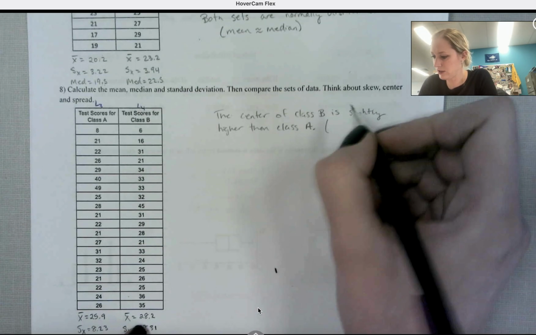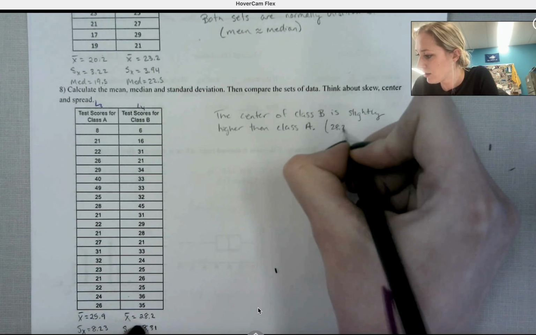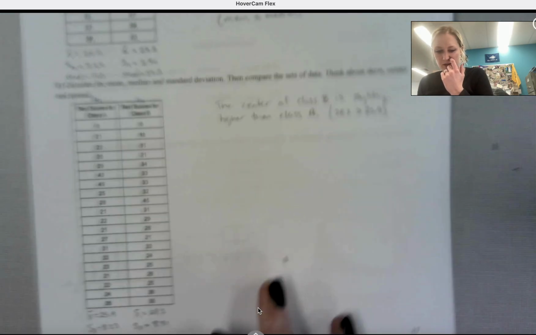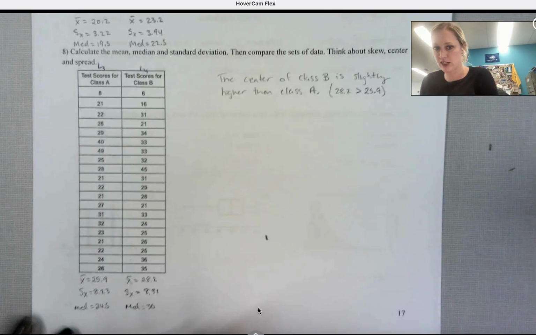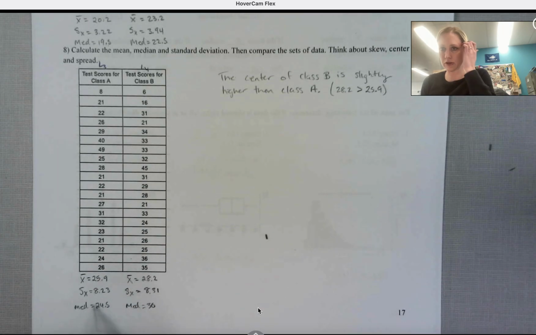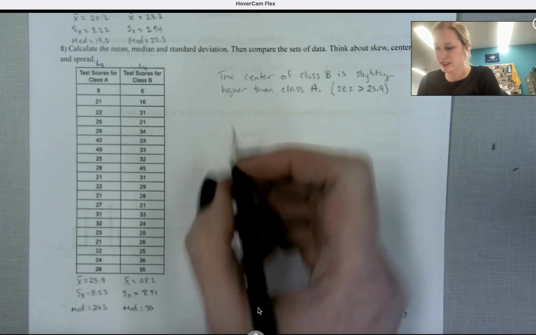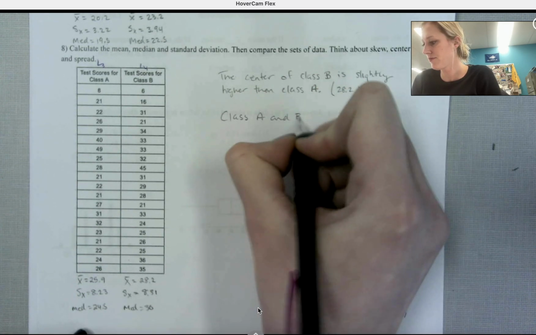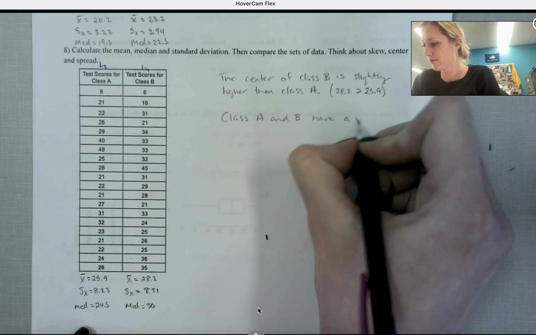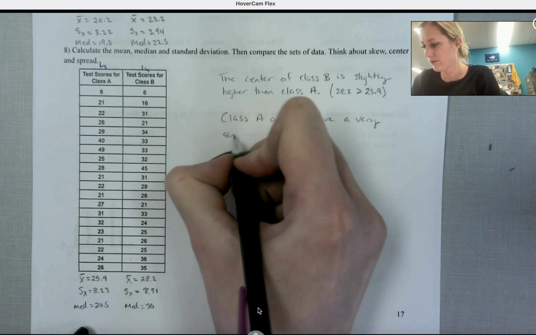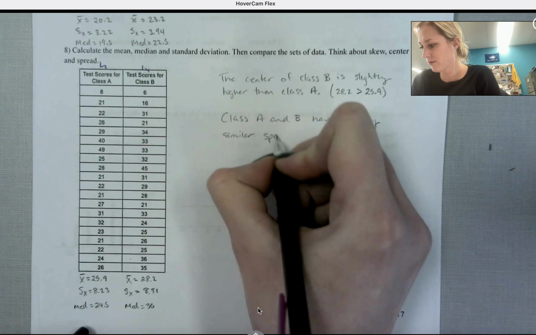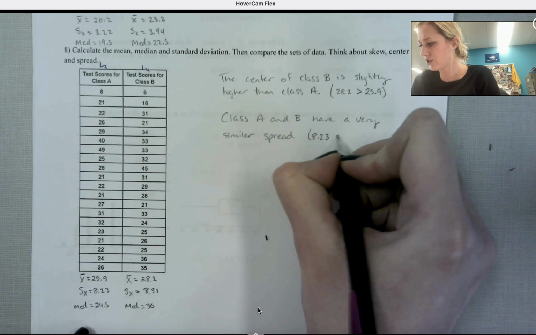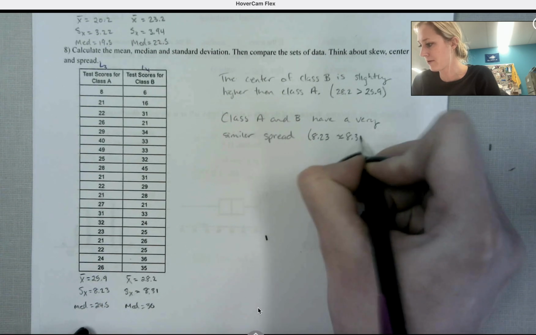The mean is 28.2 versus 25.9. Okay, when we talk about the spread, we're looking at the standard deviation. So these numbers are really, really close, those standard deviations. So we would say class A and B have a very similar spread. And again, that's because we're saying 8.23 is so close to being the same as 8.31.